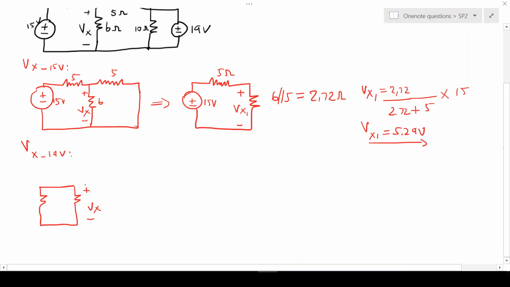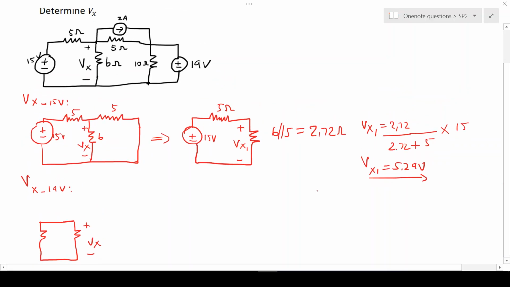The current source is replaced with an open circuit. And the only voltage remaining would then be the voltage of the 19 volt source. Right, and we can then push to determine the actual value that we'll be looking for, Vx.